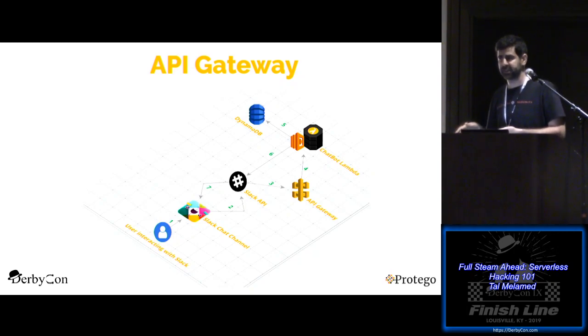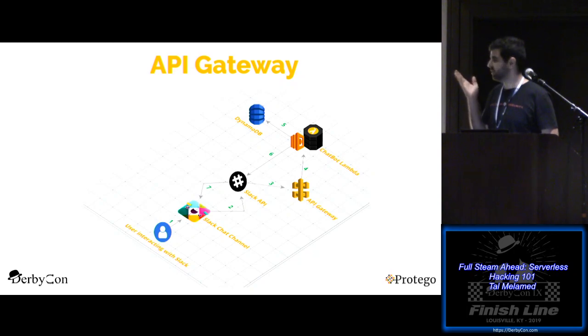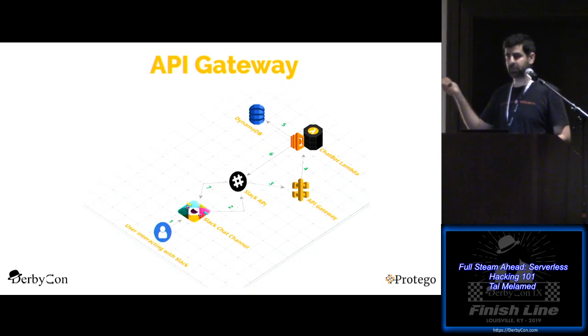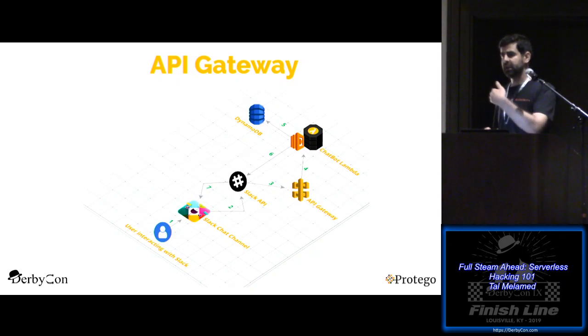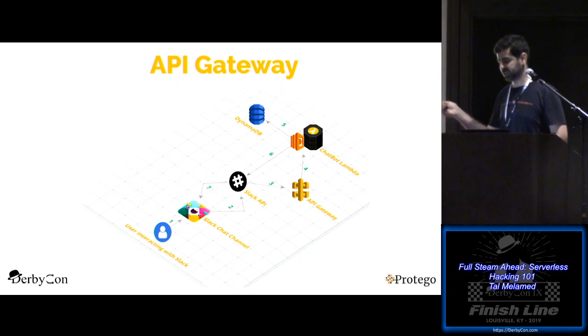The user writes some messages, and the chatbot responds according to the messages. These messages go to the Slack API, of course. Then it goes to the API gateway and triggers a function. The function takes the messages, writes them into a DynamoDB table, which is a NoSQL database, and responds back according to what you wrote. So let's see a demo.